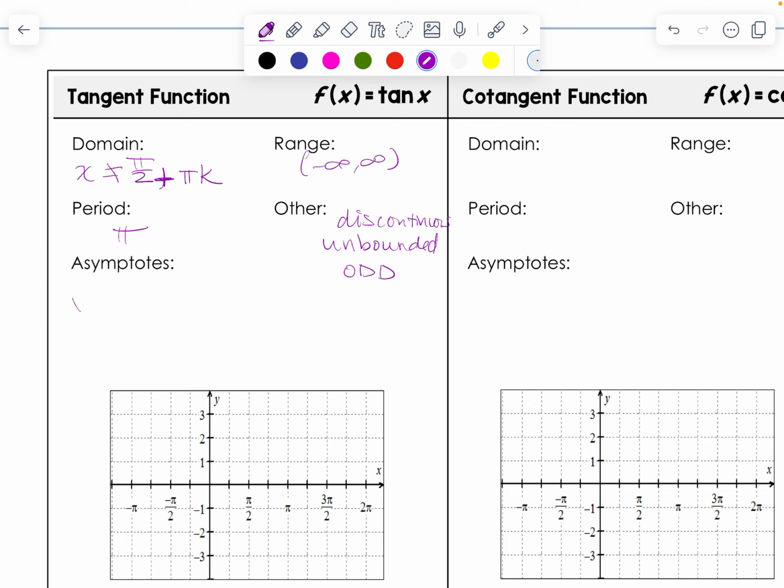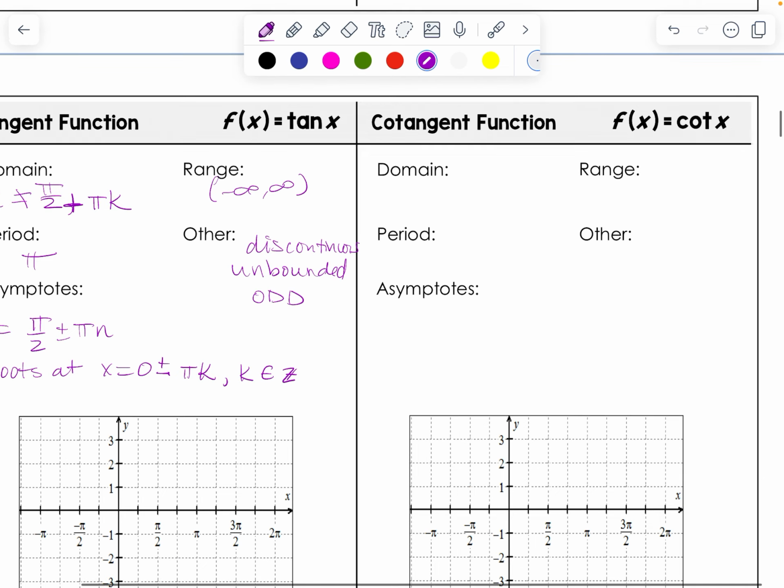It has asymptotes at every pi over 2, and they're pi apart, and it has roots at x equals 0 plus or minus every pi, as long as k is in the set of integers.